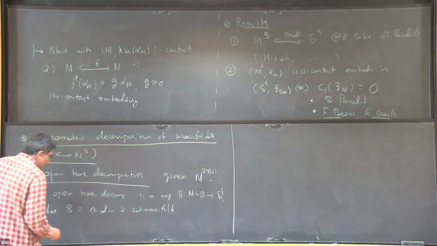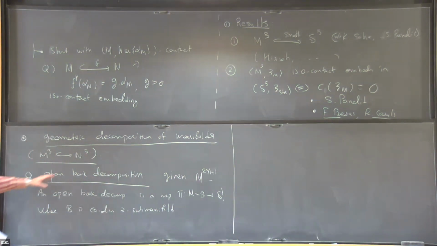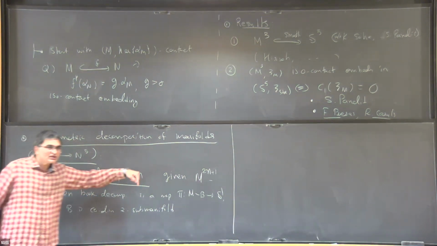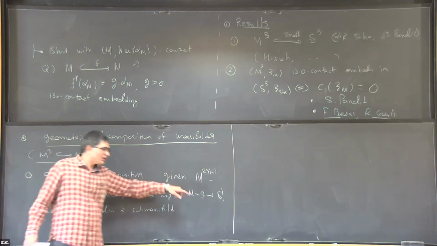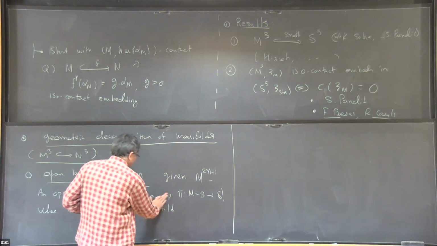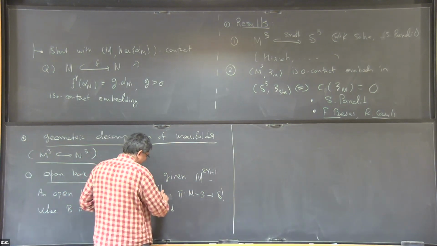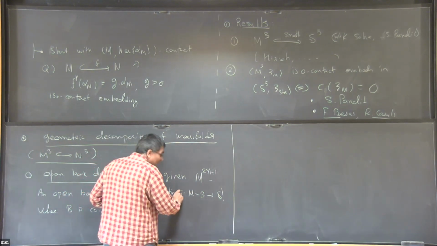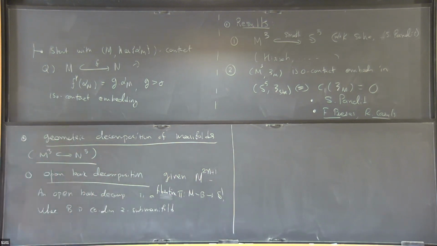And near B, this open book decomposition, this fibration, is a very standard neighborhood. Not just a map, but a fibration. The fiber bundle over a circle is a fibration.